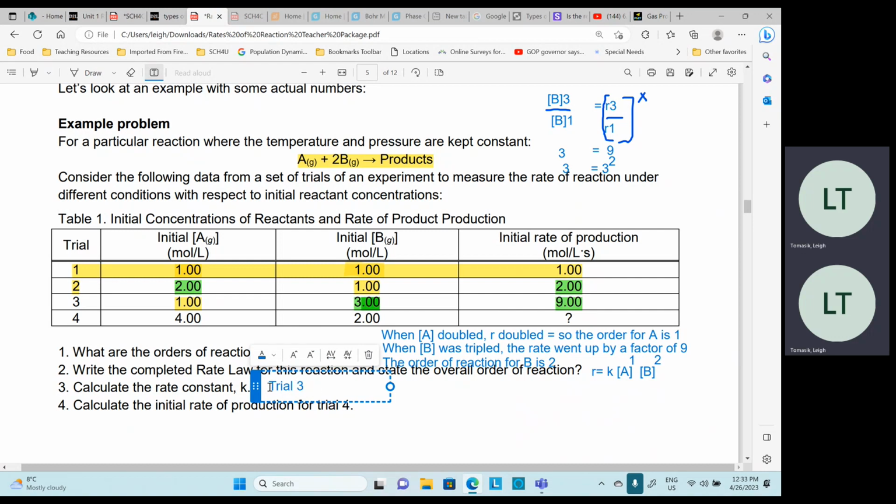So the rate, which is 9, is equal to K times 1.00 to the power of 1, to exponent 1, times 3.00, because that was the concentration for B, to the exponent of 2.